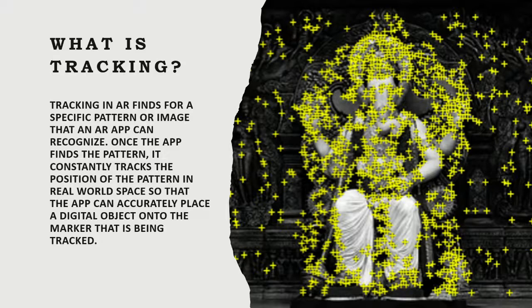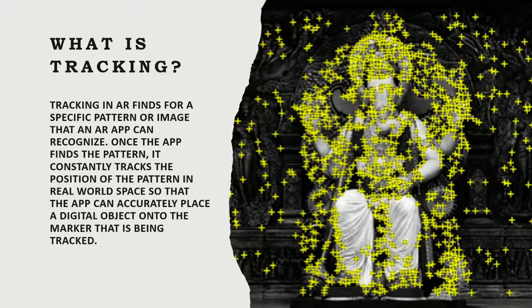I will show you how to see the feature points by yourself in the next video. These feature points are some sort of patterns, you could say. Tracking technology in AR basically tries to find some sort of pattern. These feature points are useful for tracking and recognition.